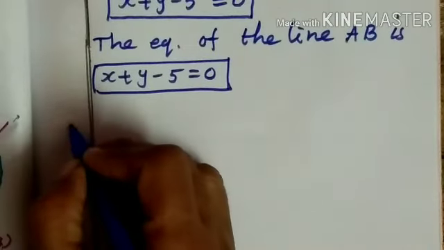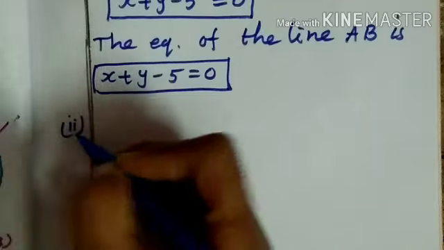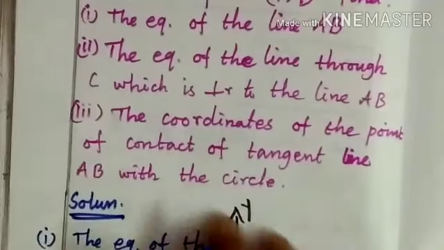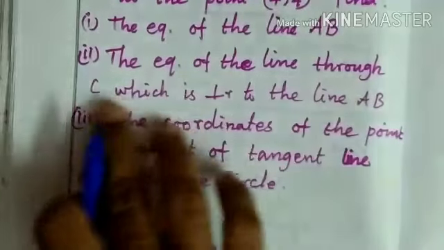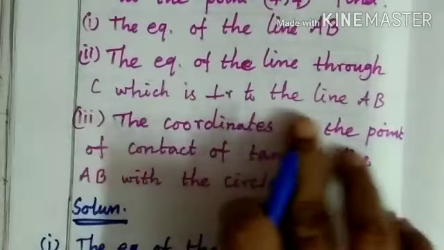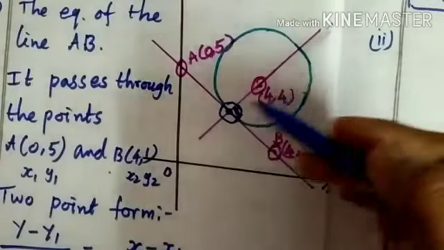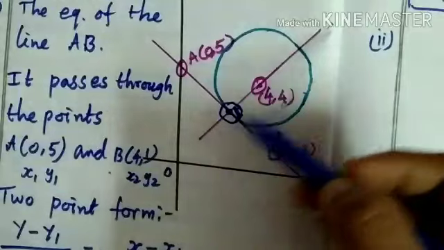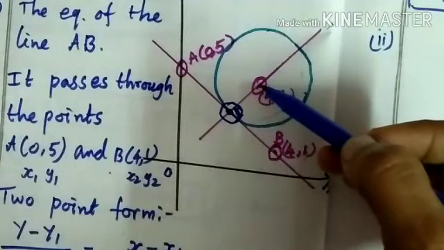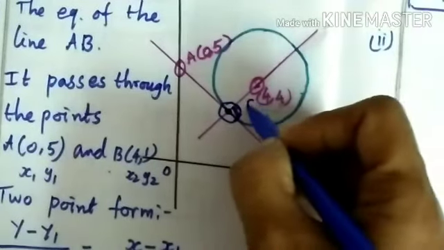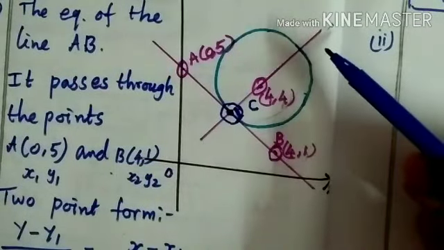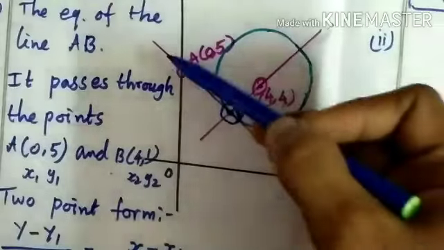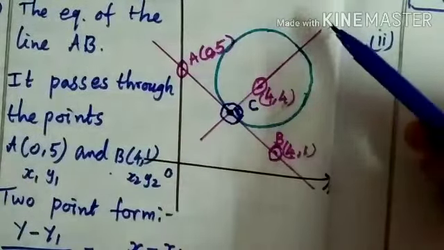Now you have to find the second subdivision. See the second subdivision: the equation of the line through C which is perpendicular to the line AB. See the diagram. The equation of the line passing through the point C, center of the circle, C(4, 4), and it is perpendicular to the line AB.